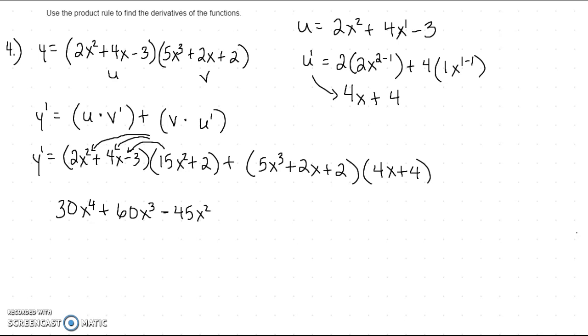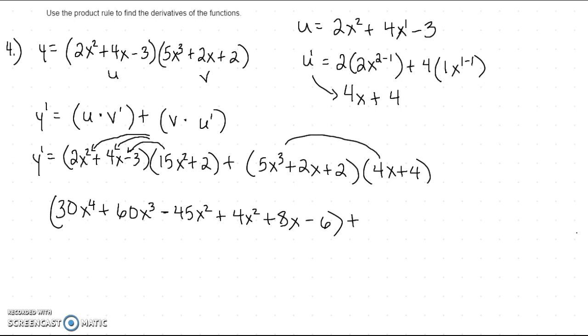squared. Now, I need to do the same thing with 2. I'm going to have to do 2 times 2x squared, 2 times 4x, and 2 times that negative 3. So that'll give us plus 4x squared plus 8x minus 6. And I'm going to do the same thing on the other end.